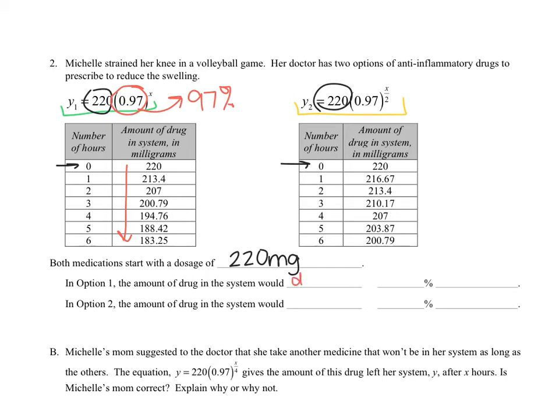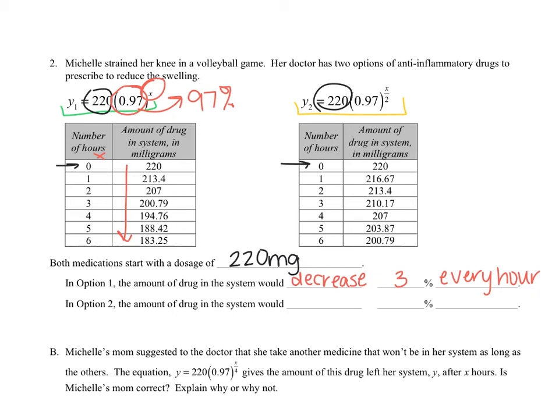So it's decreasing because it's smaller. By what percent? Well, 97% is 3% away from 100. Now, how often is that happening? Well, since my x does not have a number with it, it's just one time an hour, because x is hours. So every hour, or you can say one time an hour.